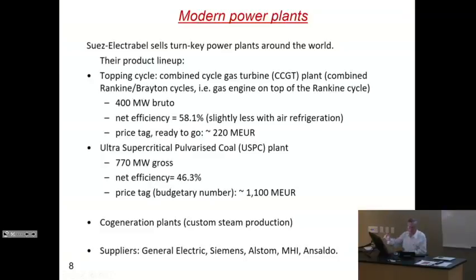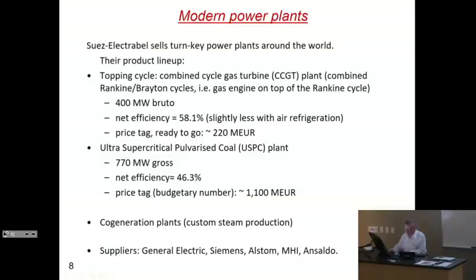But if you put these two thermodynamic cycles together, one as a topping cycle, the gas turbine is a topping cycle, and the vapor cycle as the bottoming cycle, you can get to efficiencies of 58.1%, which is fantastic. These plants produce, say, 400 megawatt power, and the price is on the order of 220 million euros, which is 250 or so million dollars.